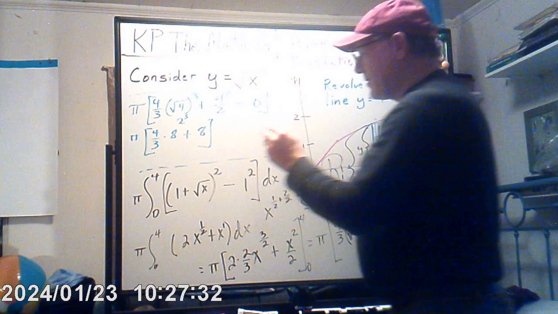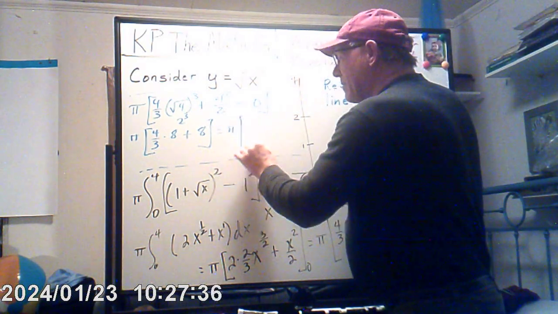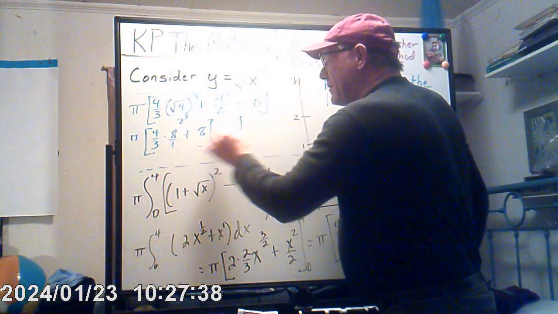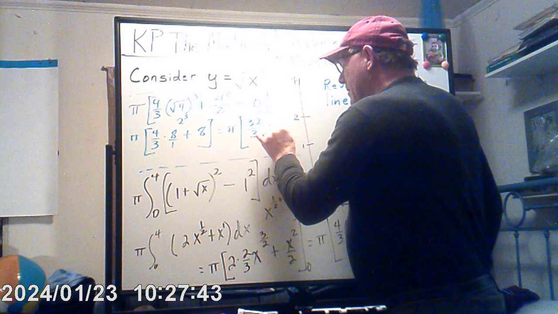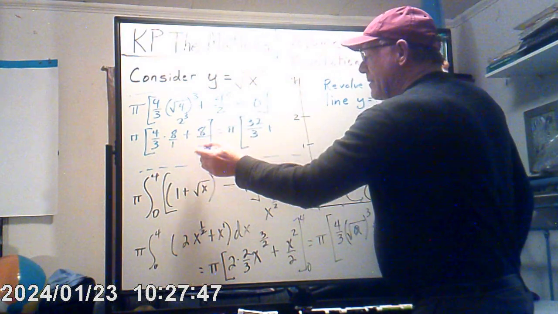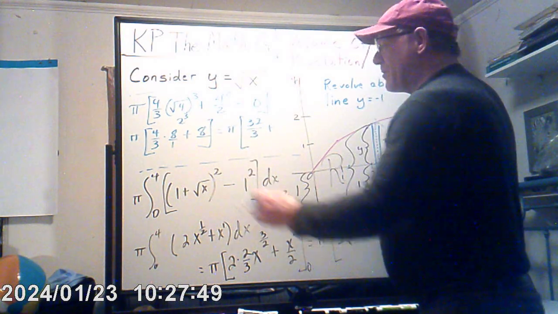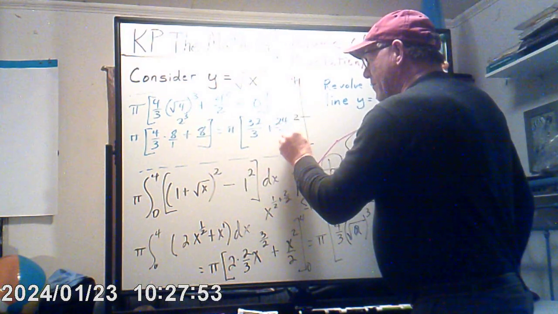And then this is going to be pi times, 8 times 4 is 32, so 32 over 3 plus, since we got to write this with a denominator of 3, we might as well multiply 3 times 8 and get 24 over 3.